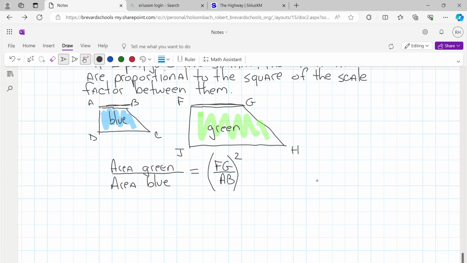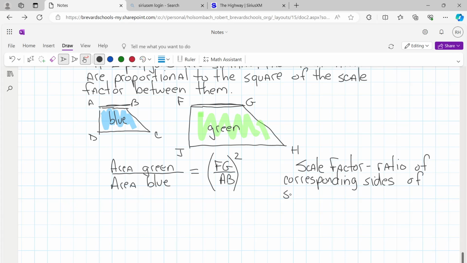Because if you remember back to scale factor, that is the ratio of corresponding sides of similar polygons, in simplest form.